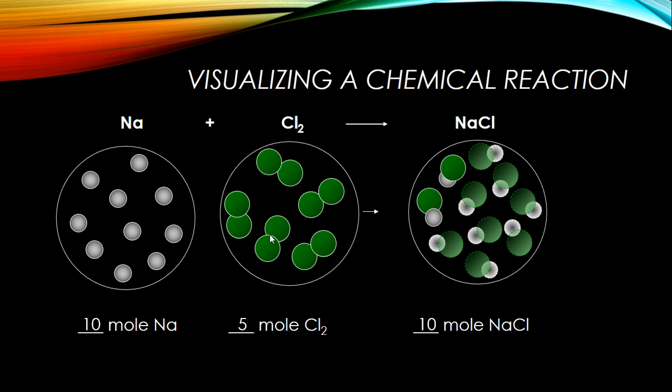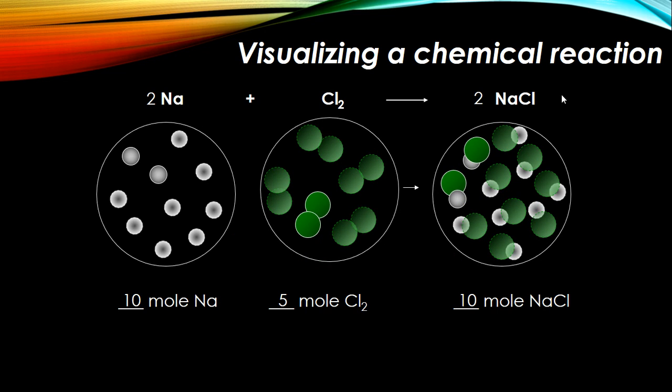It ends up being 10. And so here's my balanced equation. But like fractions, balanced equations can be reduced if they have a common denominator. In this case, they all had the same common denominator of 5. When you divided all of them by 5, you got 2, 1, and 2. So this is my balanced chemical reaction. Okay.